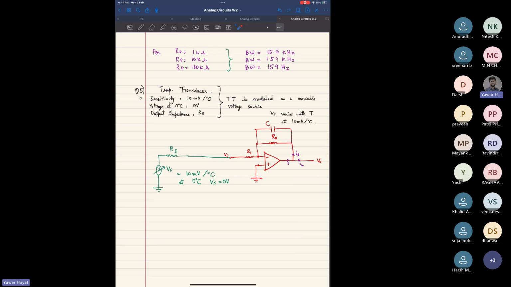Don't get confused. VO by VS. There was a formula in terms of impedances and resistances, right? So it would somewhat be minus times this impedance divided by sum of these two. Does everyone agree? Has to be like that, right?